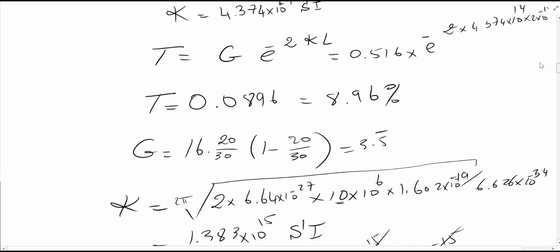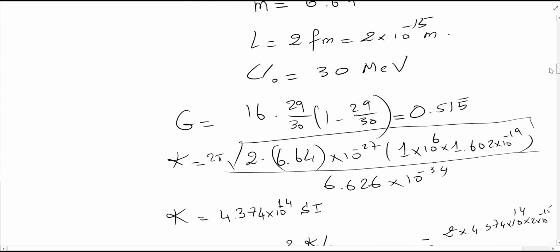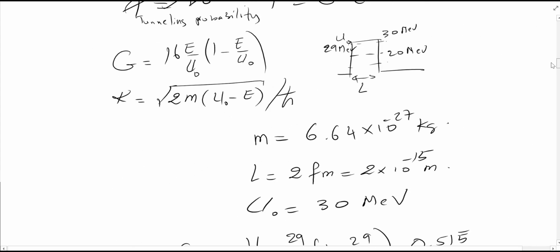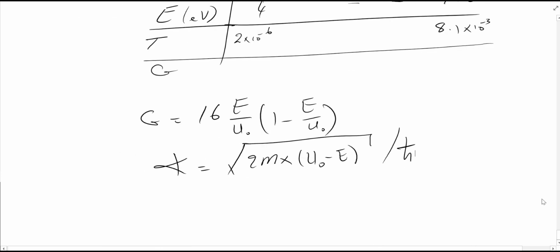If you are not familiar with this one, I want you guys to come back to that problem. So it's 2m times the energy gap divided by H bar, and then the square root of the whole thing. Okay, so this is kappa.